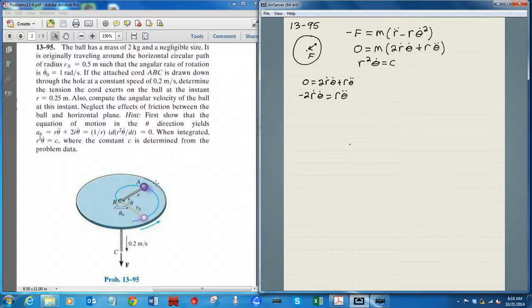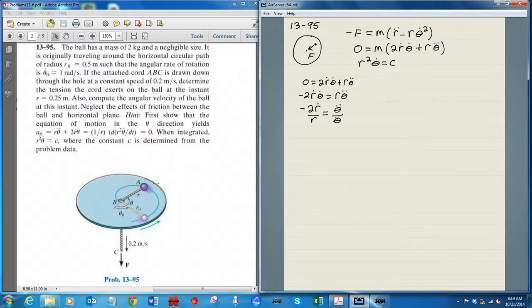Now to separate the things, I'm going to divide through by theta dot and divide through by an r. So when I do, I end up with minus 2 r dot divided by r equals theta double dot divided by theta dot. Okay. So now what I'm going to do is simply integrate both sides of the equation.